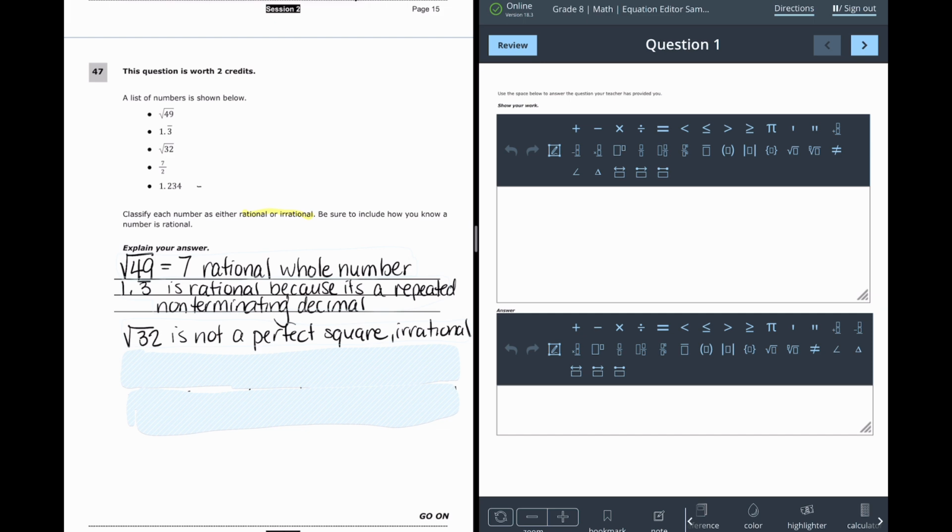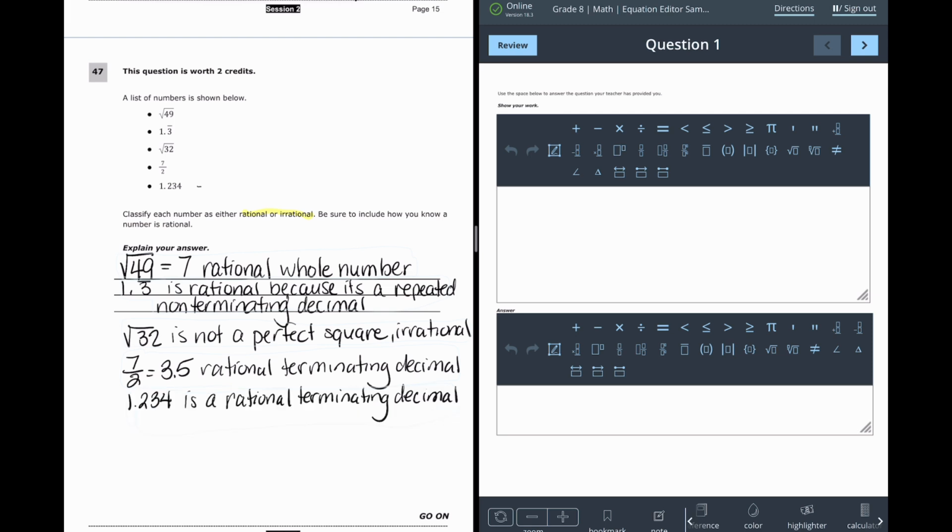It's not going to give you a terminating one. It's going to be a long number that never ends, with no real pattern. 7 over 2, that's the same as 3.5, so it's rational. It's a terminating decimal. And 1.234, and there's no other symbols here, so it's just a rational terminating decimal.